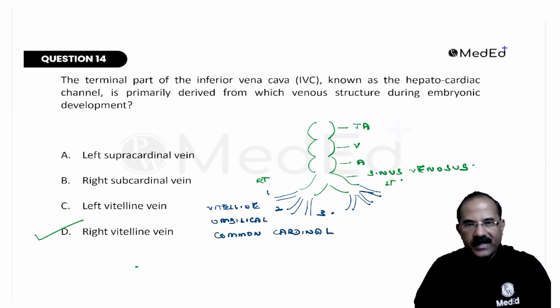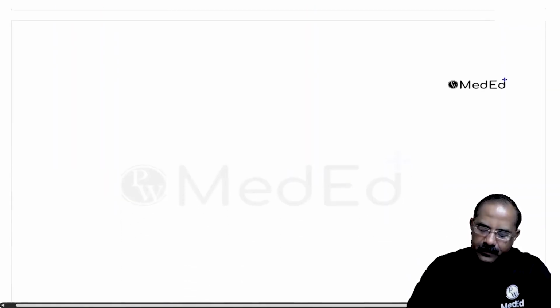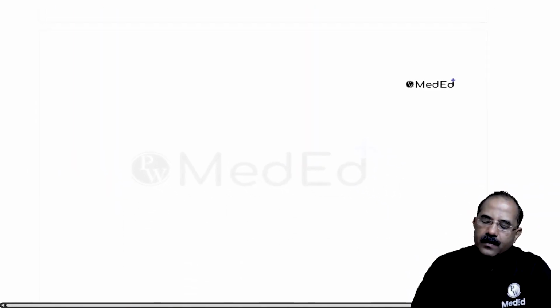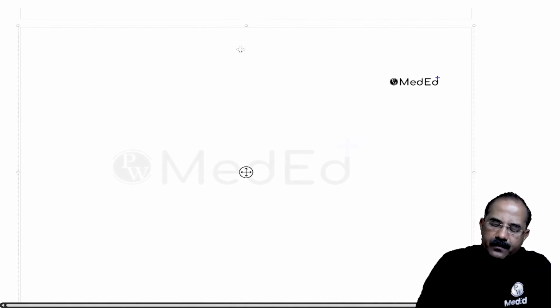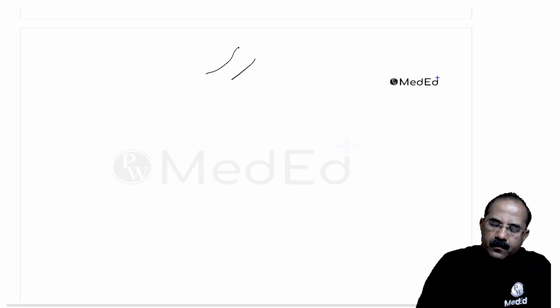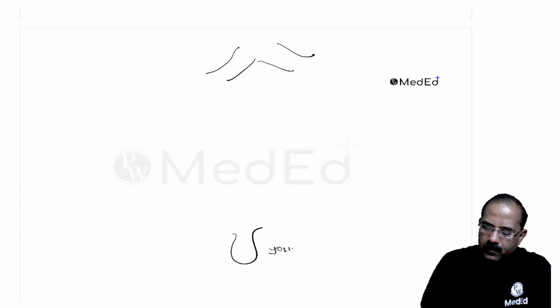Now, this vitelline vein, just try to understand this. थोड़ा difficult है ये. Vitelline vein begins from where? Yolk sac. Yolk sac से begin होता है.